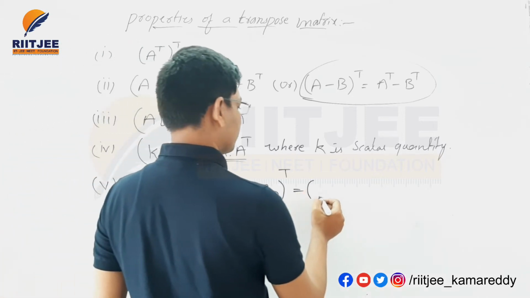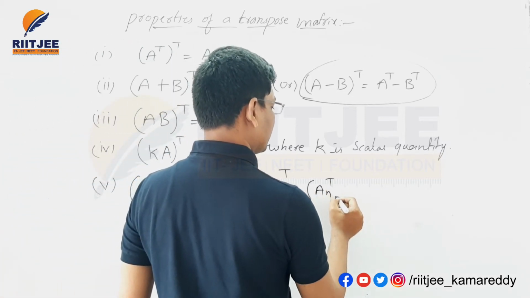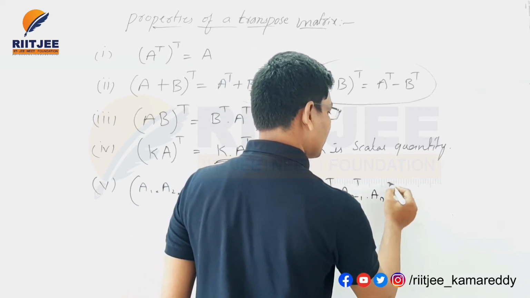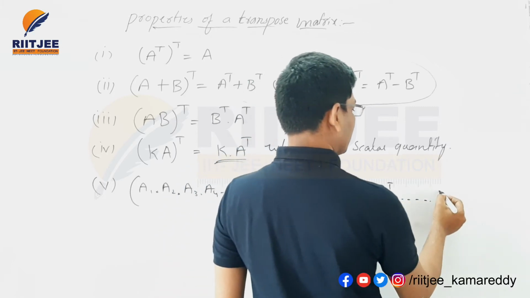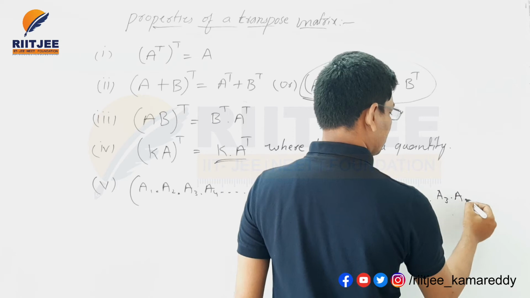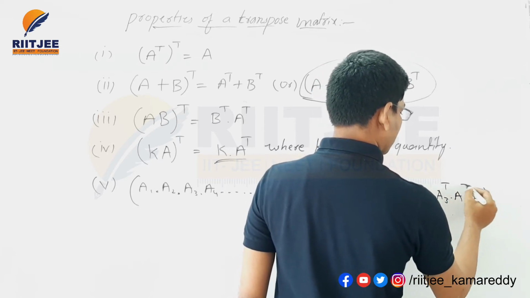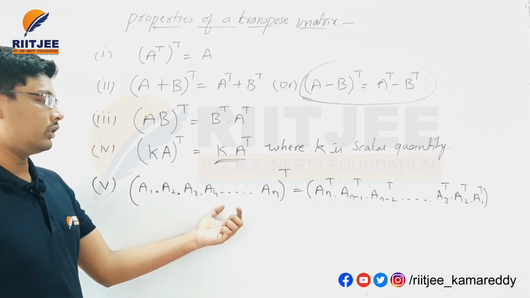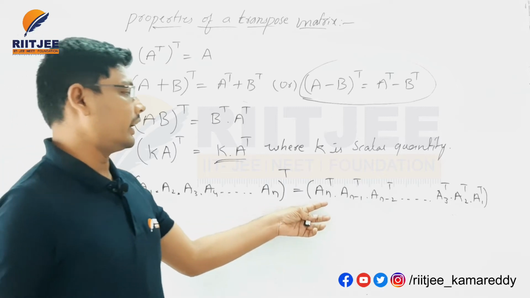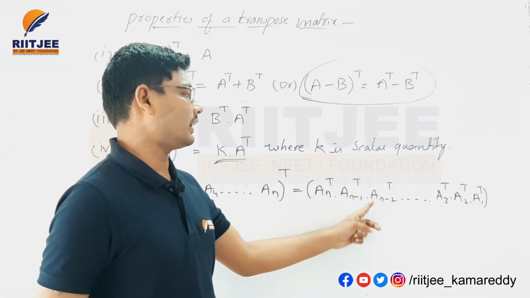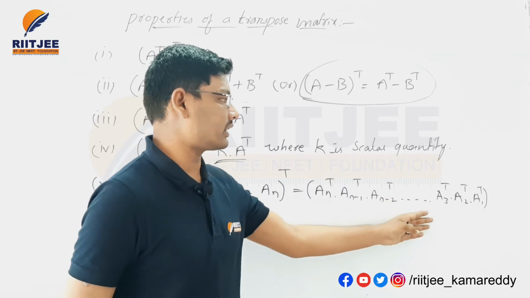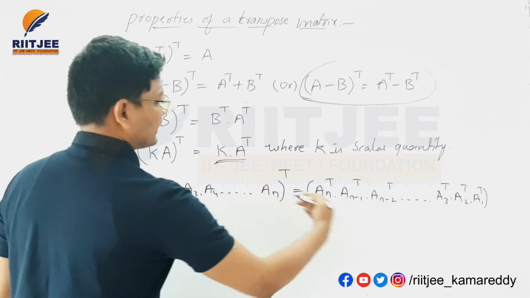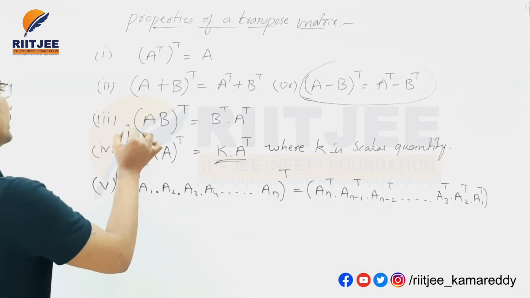That implies An transpose into A(n-1) transpose into A(n-2) transpose, and so on up to A3 transpose, A2 transpose, A1 transpose, the transpose of each matrix. This is in increasing order, this is in decreasing order. Same as property number 3.